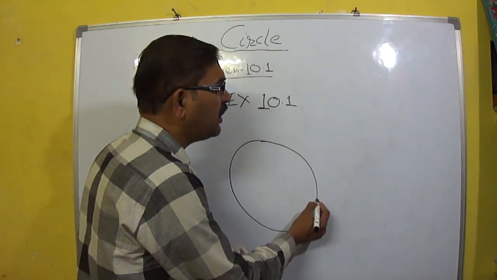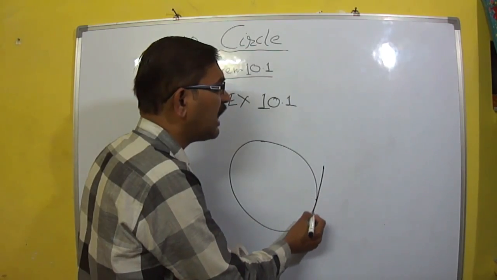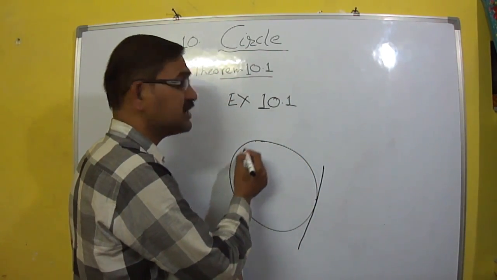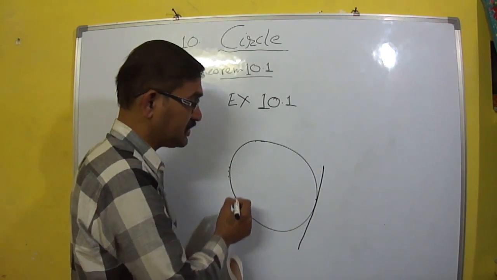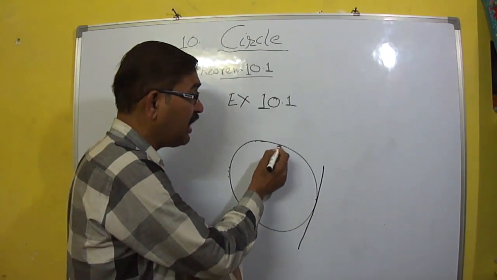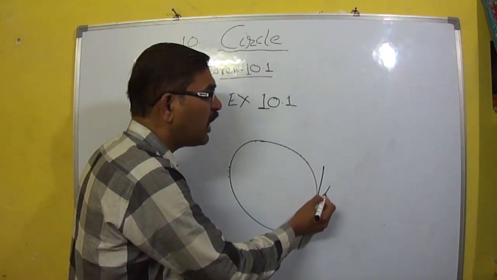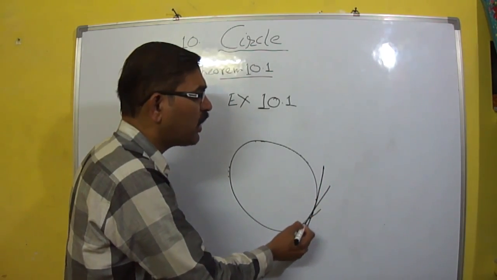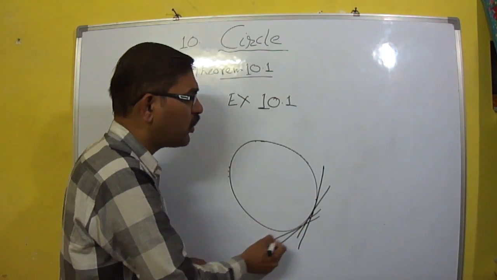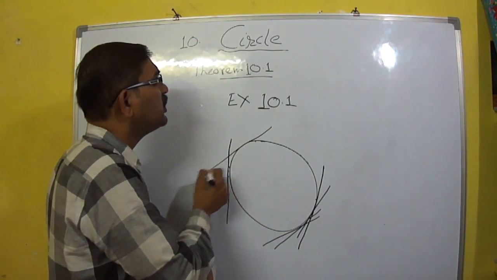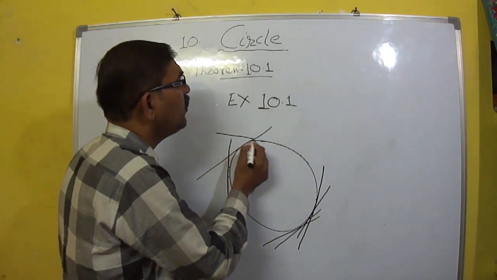Circle के कोई भी एक point से सिर्फ एक ही tangent निकाल सकते हैं. And this circle has a bunch of points, which means infinite points. If there are infinite points on this circle, then at every point you can draw a tangent. Each and every point.